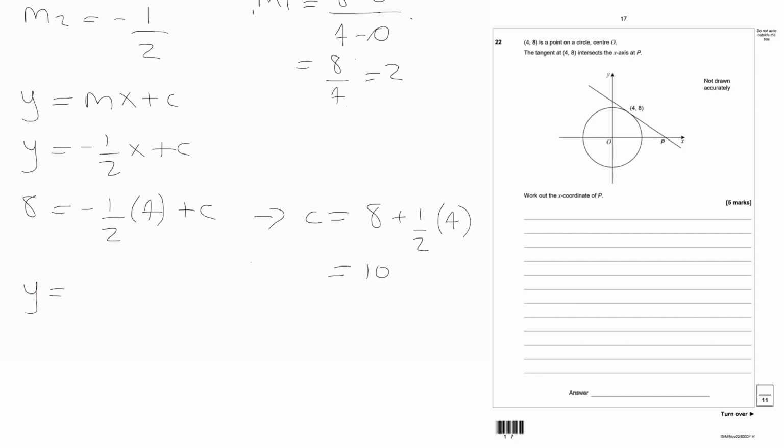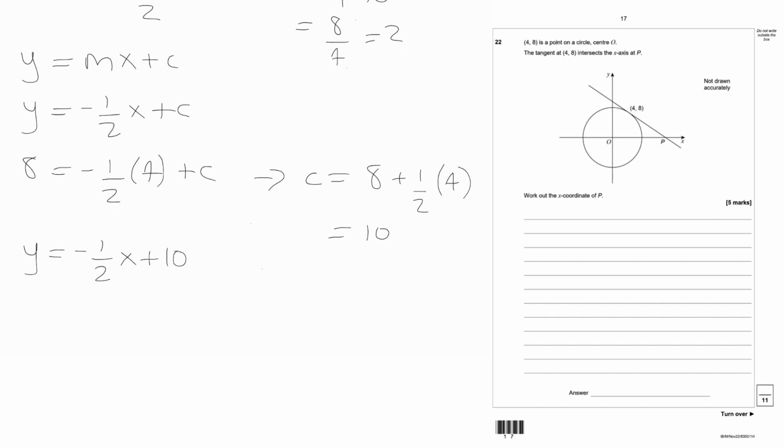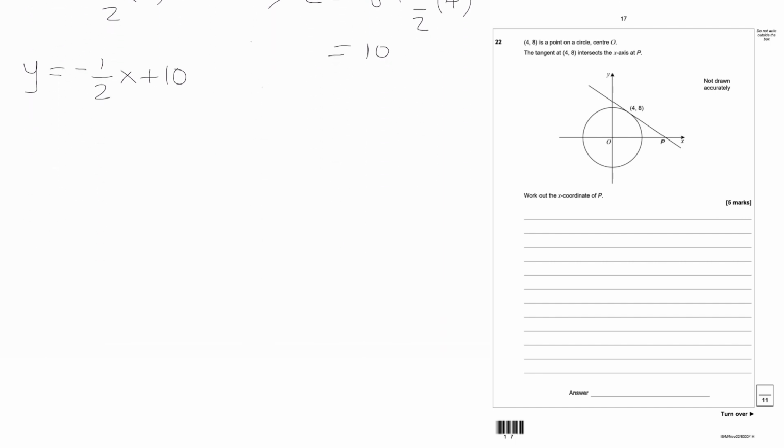So now the equation of our straight line is y equals minus a half x plus 10. For something to cross the x-axis, it has a y coordinate of 0, so we can plug in 0 for y and use this to determine the value of x.